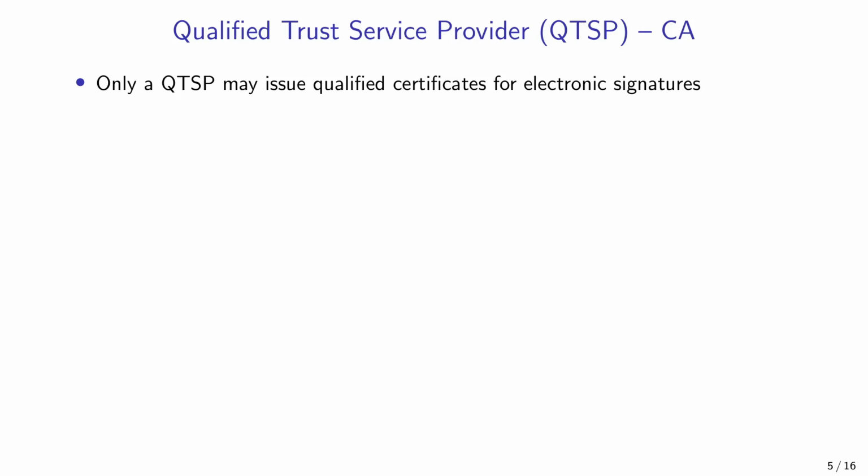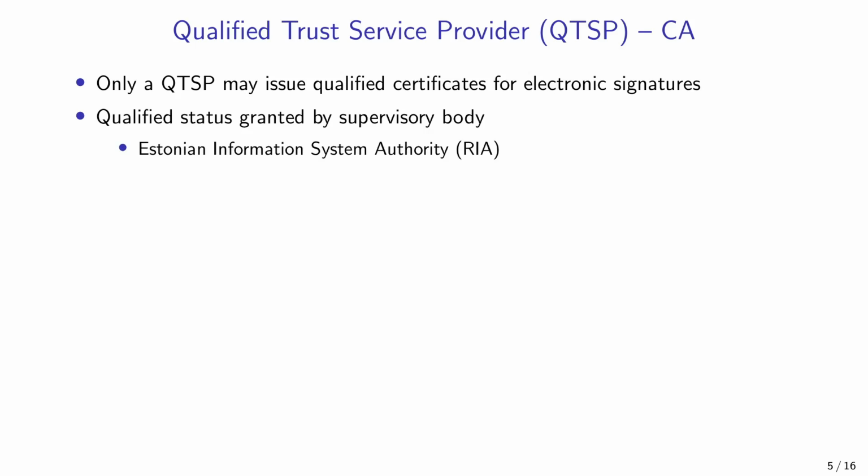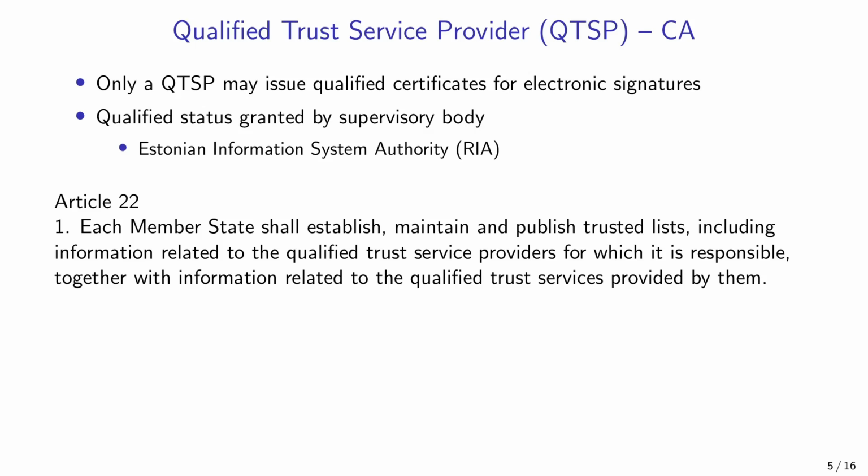So, how does one become a qualified trust service provider? Qualified status is granted by a supervisory body designated in each EU member state. In Estonia, this supervisory body is the Estonian Information System Authority, or RIA in short. Article 22 of eIDAS requires that each member state shall establish, maintain, and publish trusted lists, including information related to qualified trust service providers for which it is responsible, together with information related to the qualified trust service provided by them.